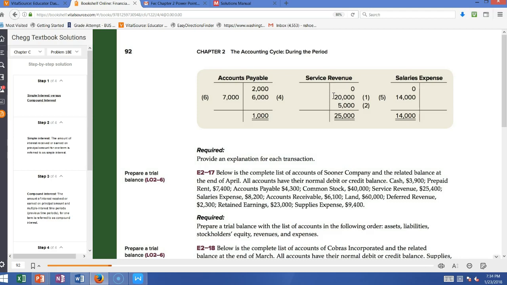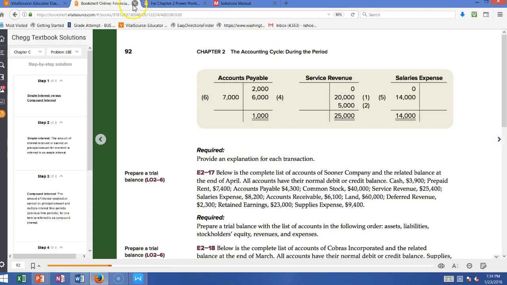So guys, the first one, a debit to cash for $20,000, a credit to service revenue for $20,000. What the heck's going on here? Provided services for cash. Perfect. Does everyone understand how we could communicate that?